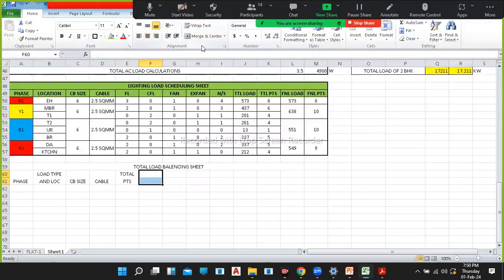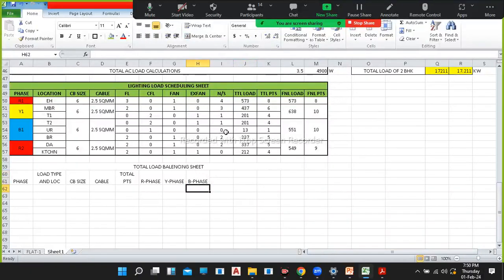Then what we require is directly R phase, Y phase. Guys, are you following me or not? Yes, sir. Okay, and the next is B phase.